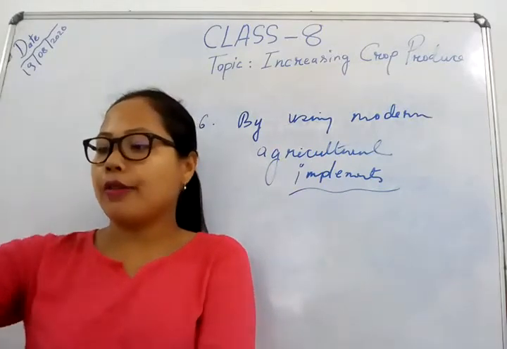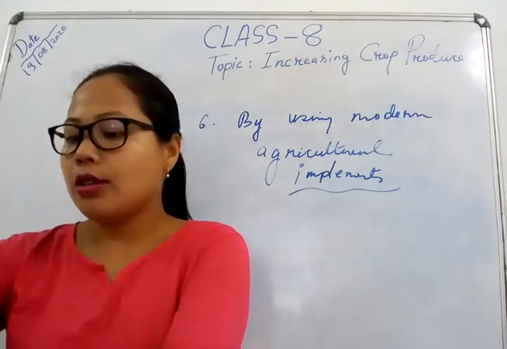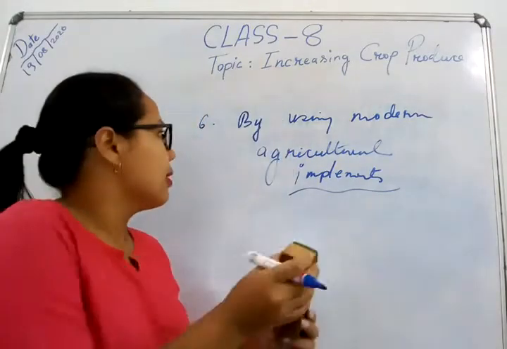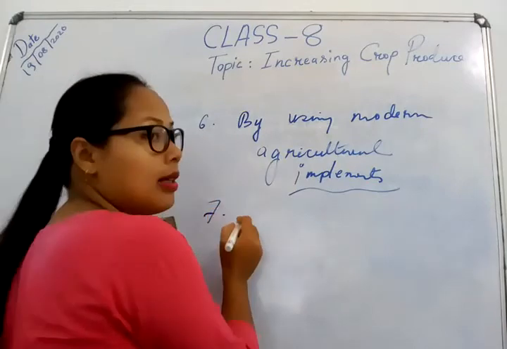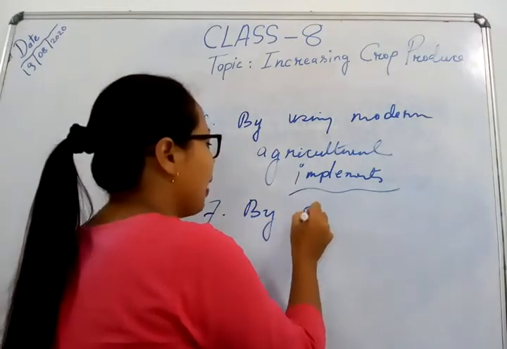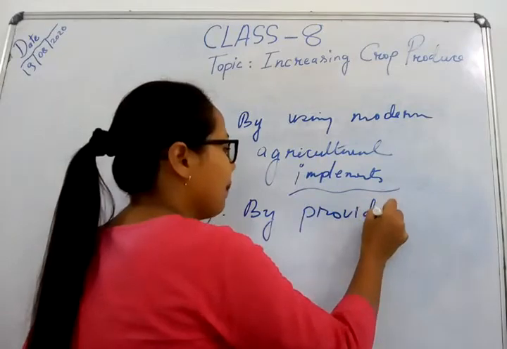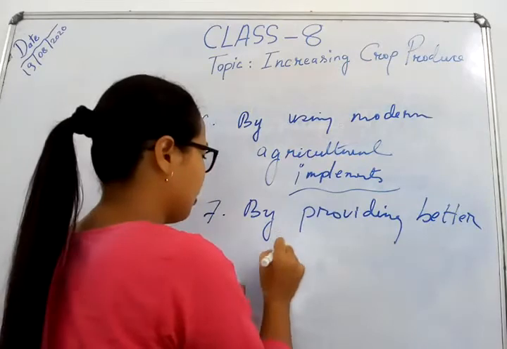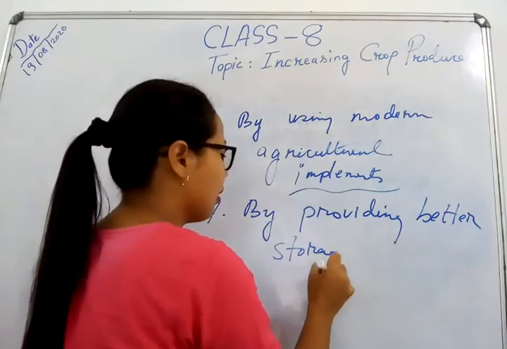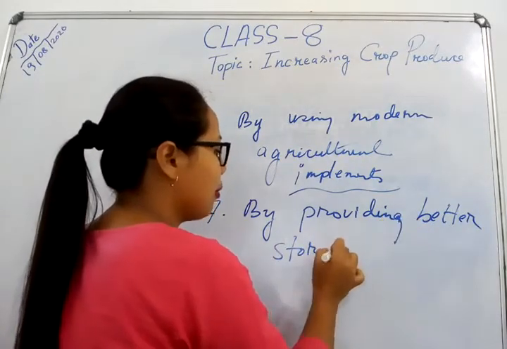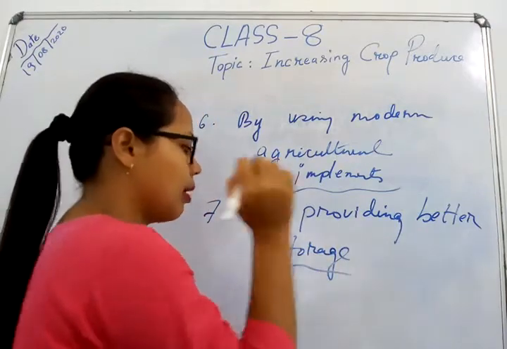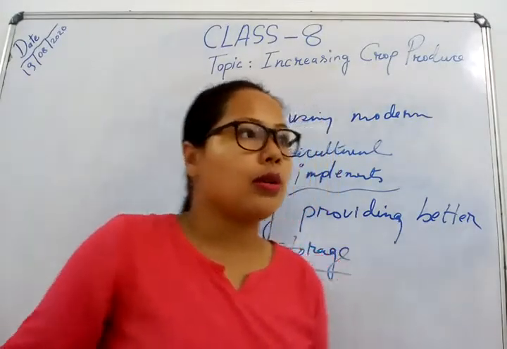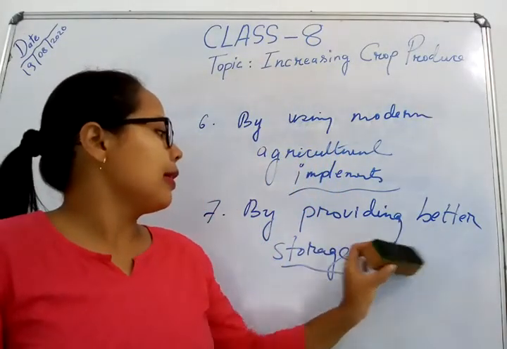There are a few more things to discuss. So what about providing better storage? This also we have already discussed. Last time we studied how we store it, and now we are discussing providing better storage.